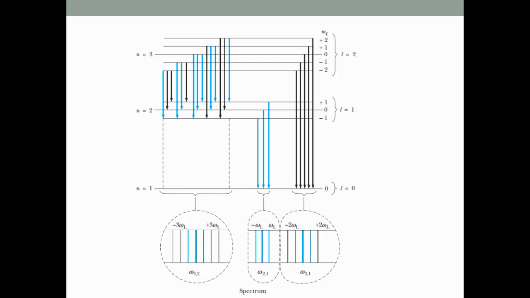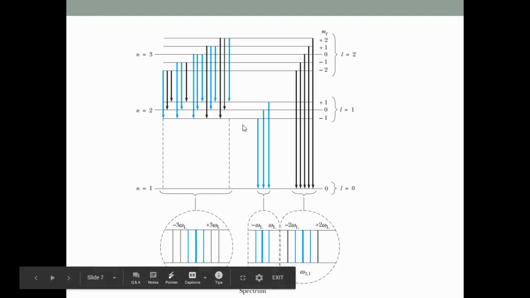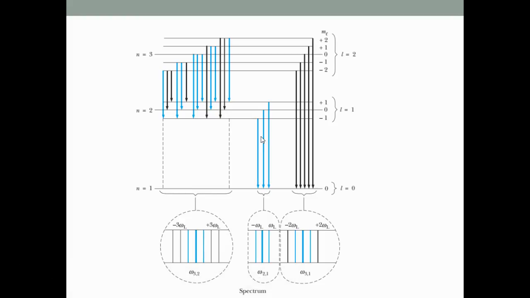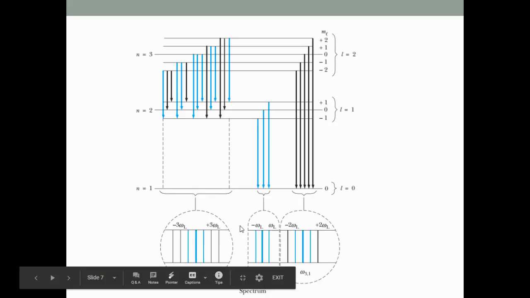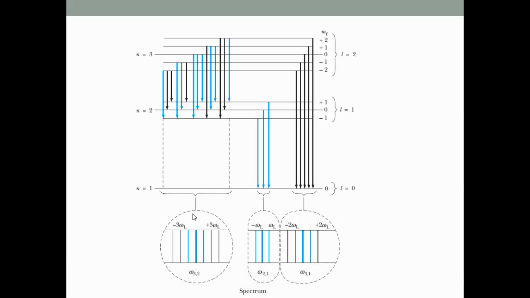And now we go to more complex, the transition n equal to 3 to n equal to 1. Here the situation is more complex, but when we observe the Zeeman spectrum, it is not complex. The reason is, I will tell you. Here are the Zeeman spectral lines and the underlying transitions that give rise to them for an electron excited to n equal to 3 states of the hydrogen.